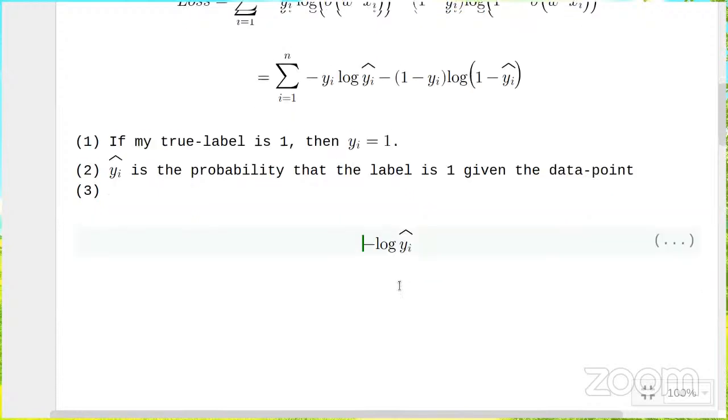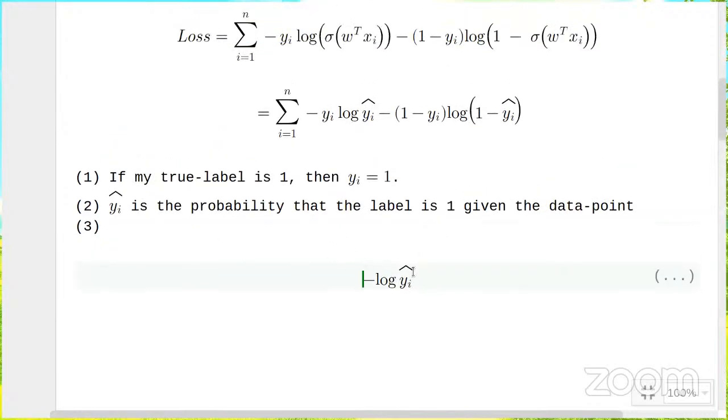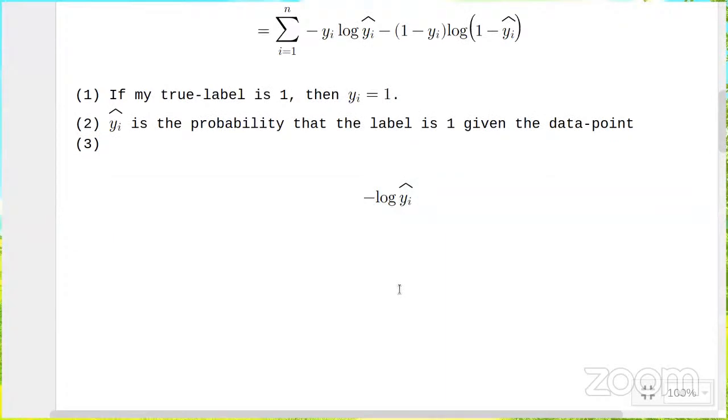If I make the correct prediction of y hat i equal to 1, loss is 0. Now what happens if I make the wrong prediction? Let's take y hat i to be a very small number.